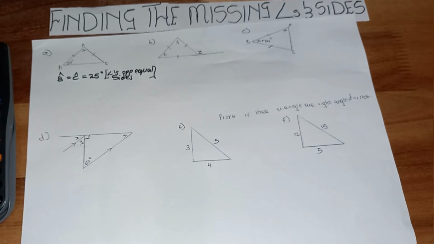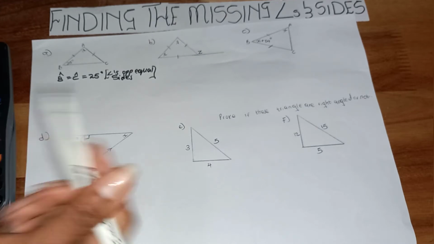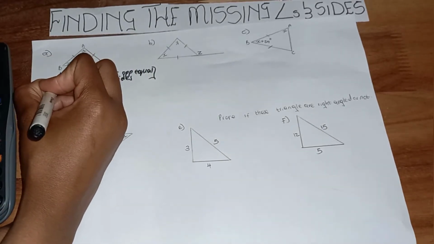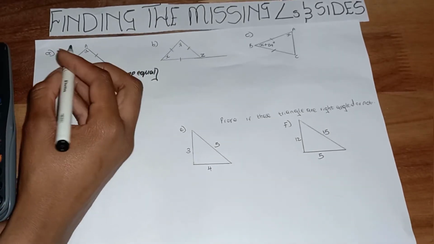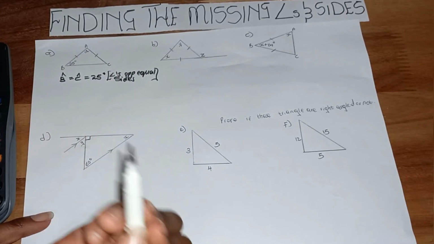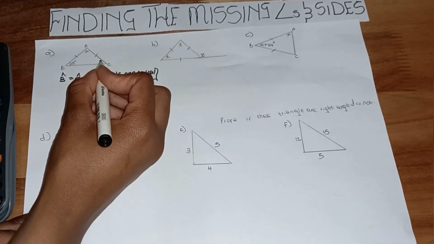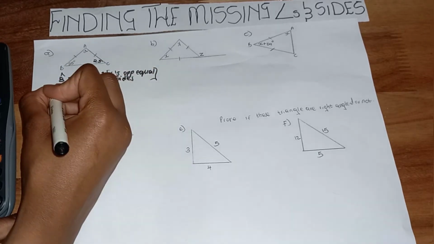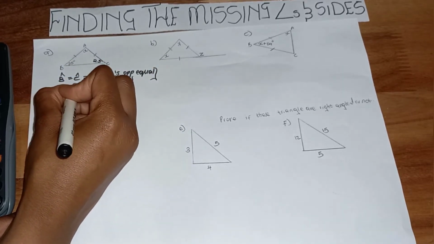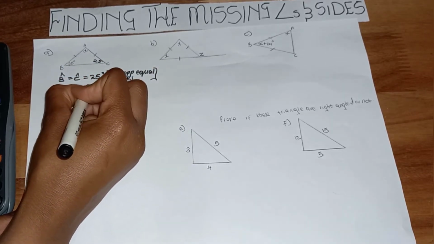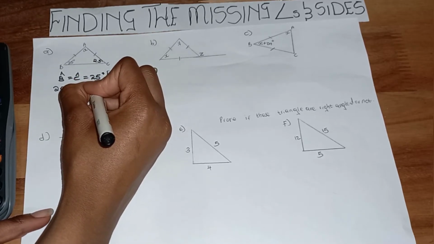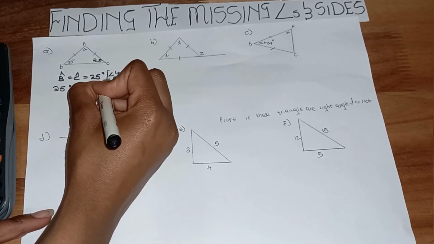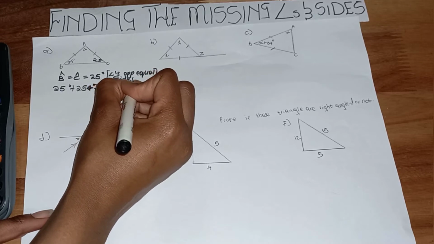So how can you find the angle X? You can find it by the sum of angles in a triangle. Remember, angles in a triangle add up to 180 degrees. So with angle C being 25 degrees, it will be 25 degrees plus 25 degrees plus angle X equals 180 degrees.